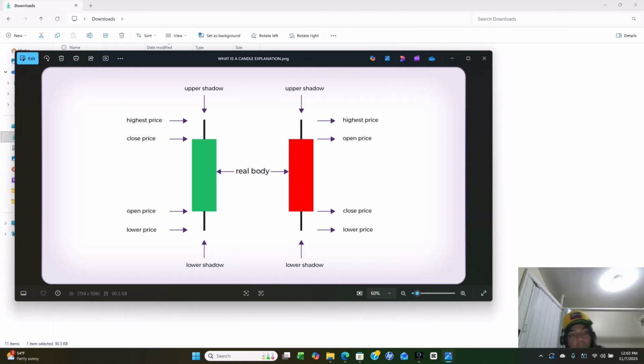Anyways, let's try to explain it like that. So this is where the market moves, where the market opens every hour. The market prints out a candle. Those are called candlesticks. When I say candle, you already know what a candle is, right?